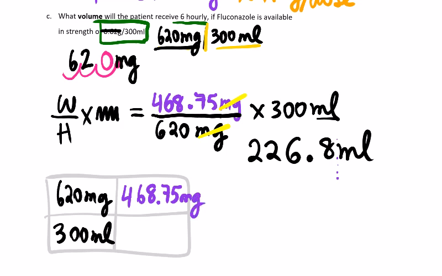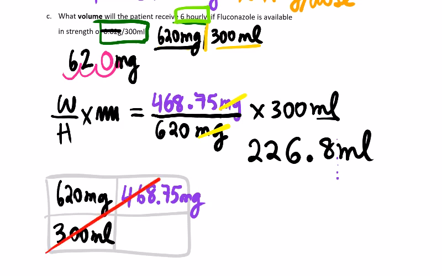So we're not using the full day's quantity, because the question here said how much is the patient going to receive 6-hourly. Same as before. So what we see here is 620 going down, not to a half, so more. If we halved 620, it would be 310. It's more than that. It would be the same here. Half of 300 is 150, so it will be more than that. So maybe we are expecting 200 and something.